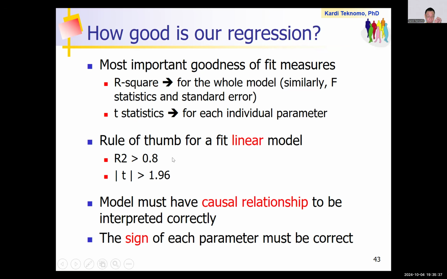So this is the rule of thumb to fit for the linear model: R square must be larger than 0.8 and the T must be larger than 1.96. But just fitting the value is not okay if you don't have an actual causal relationship. So the model must have a causal relationship to be interpreted correctly. And very important is actually to check the sign of each parameter. The sign of each parameter must be correct.